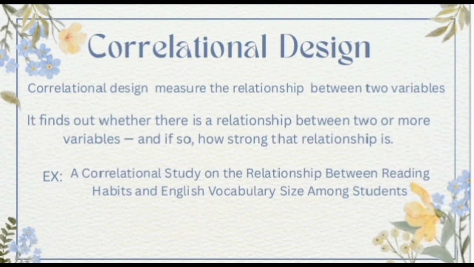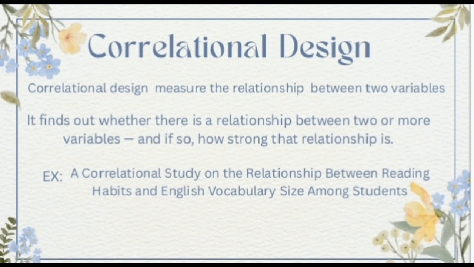Okay, so let's see an example: a correlational study on the relationship between reading habits and English vocabulary size among students. Firstly we have a variable, that is reading habit, and then we have English vocabulary, that is another variable. We will check the relationship between them, how strong it is.